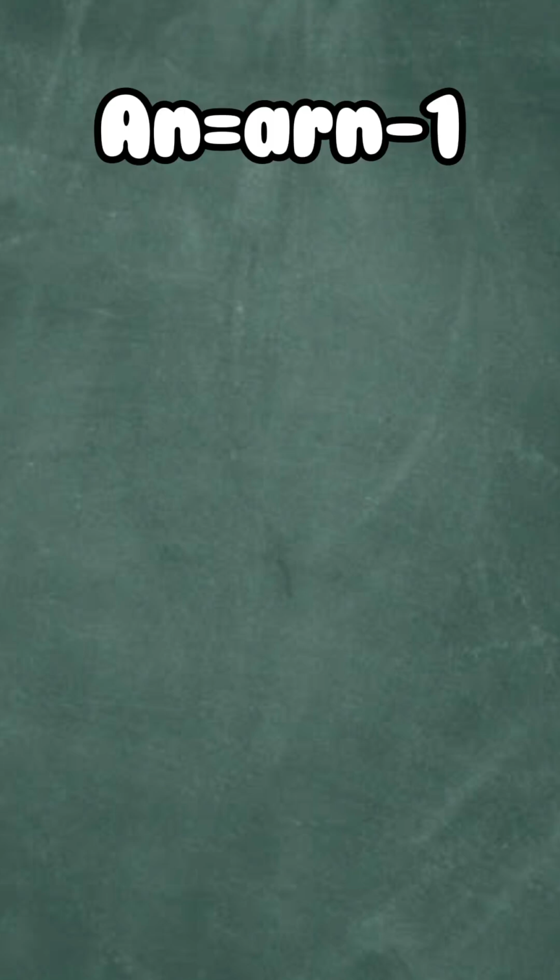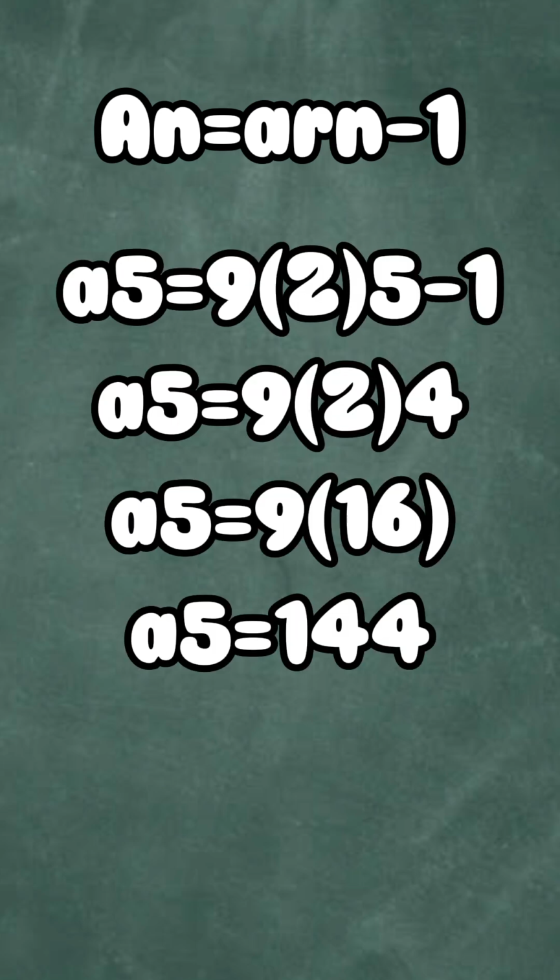The formula for geometric sequence is a_n equals a_1 times r to the power of n minus 1. So a_5 is equal to 9 times 2 to the power of 5 minus 1.